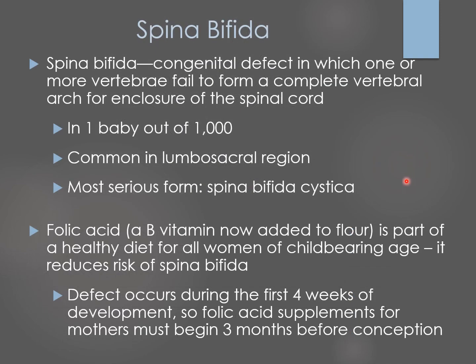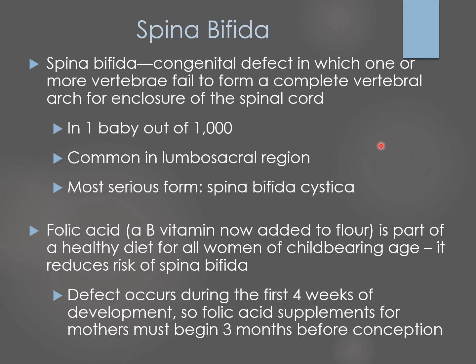Spina bifida is one of those things that goes wrong. It's a congenital defect, and it's where one or more of the vertebrae don't form a complete vertebral arch to enclose the spinal cord. It's amazing that it's one baby out of 1,000. The most common is in the lumbosacral region.